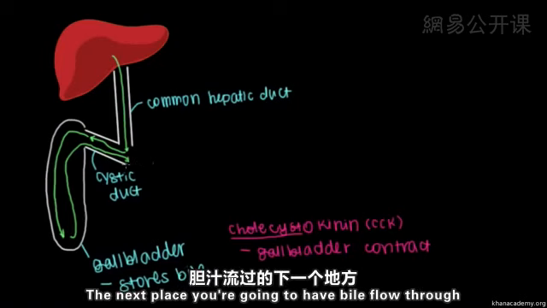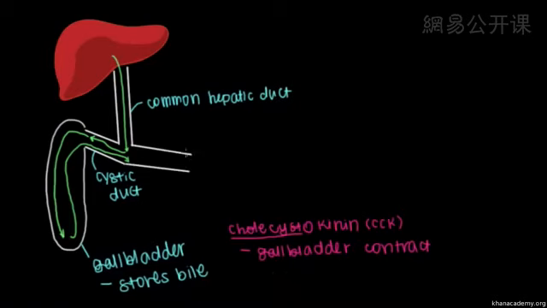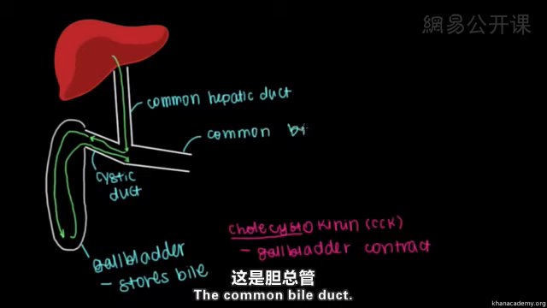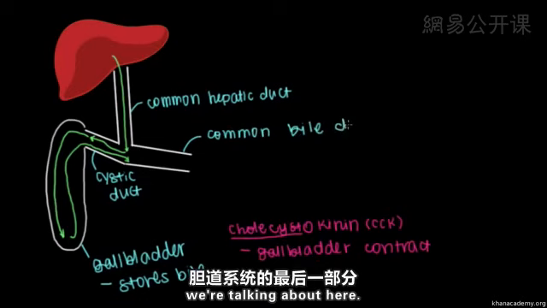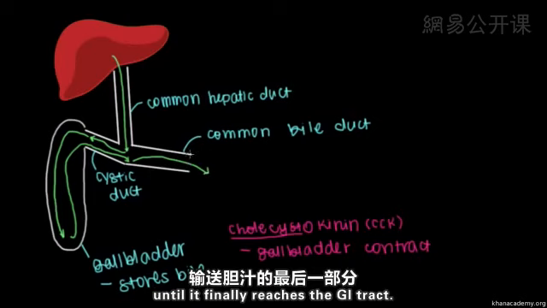The next place you're going to have bile flow through is going to be another duct altogether. Now this guy is called the common bile duct. The common bile duct. And this is the last part of the biliary tree that conducts our bile until it finally reaches the GI tract.